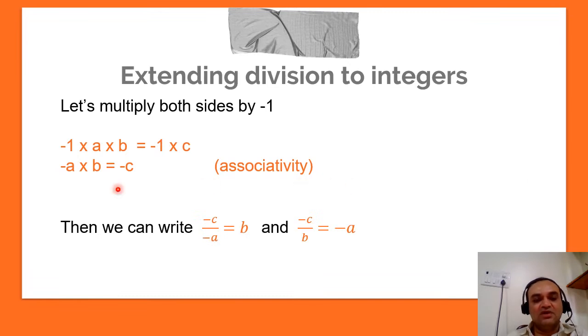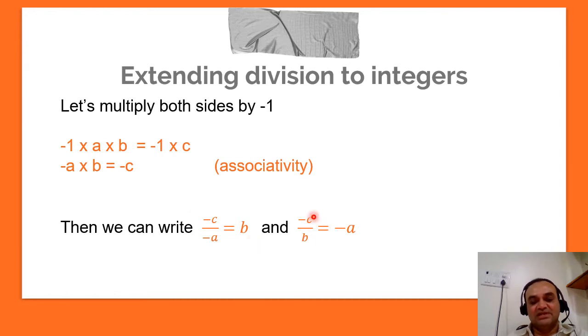Okay, so now we can write that minus c divided by minus a equal to b and minus c divided by b equal to minus a. That just follows from this statement. Once we know that minus a times b equal to minus c, we can just write these division statements. And note that I'm dividing two negative numbers and the outcome is positive.